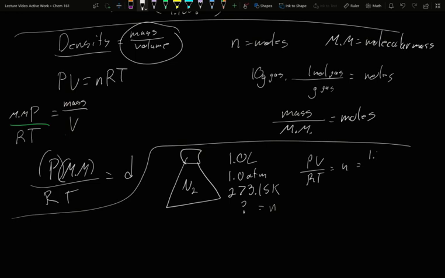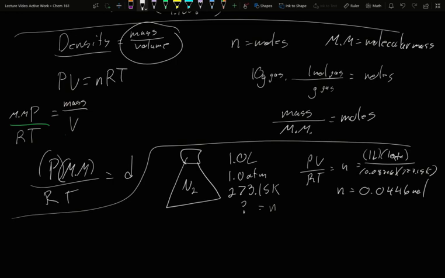We could set up PV over RT is equal to n. 1 times 1 liter, 1 atmosphere, 0.08206, 273.15, 0.0446 moles of gas.